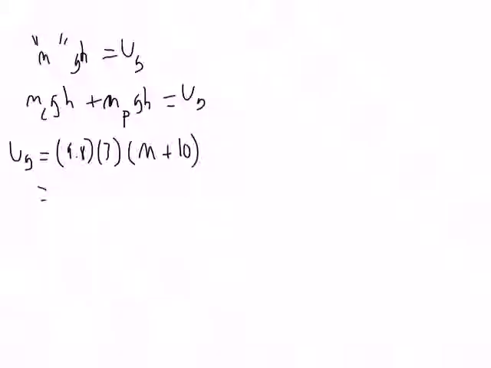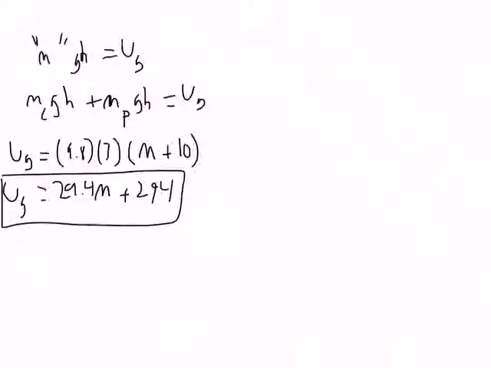So all I have to do is multiply the 3 and 9.8, so this is going to be 29.4 m plus 294, right? That's an expression that describes how much gravitational potential energy we have in figure 1, right? Depending on how much mass we put in the counterweight bucket.